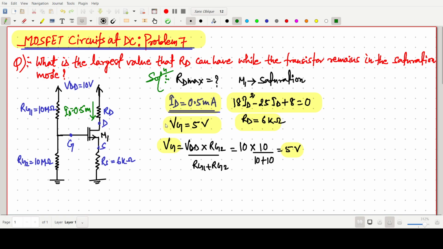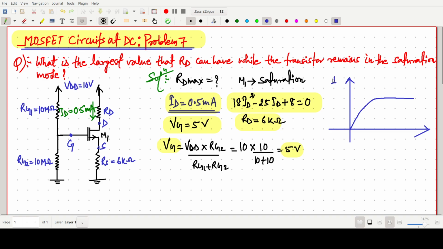I am writing this ID 0.5 milliampere. Now, before that, for the device to be in the saturation region, we have to know the condition first.